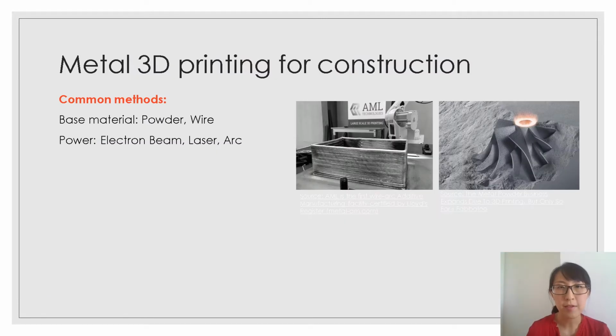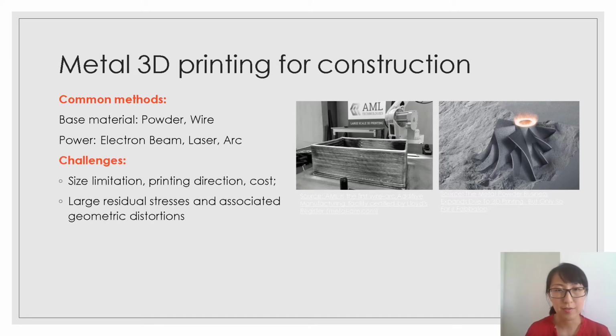So the common methods currently being considered by the construction industry are mainly based on powder-based material or wire-based material. Depending on the power supply, it can be classified as electron beam, laser, or arc welding.